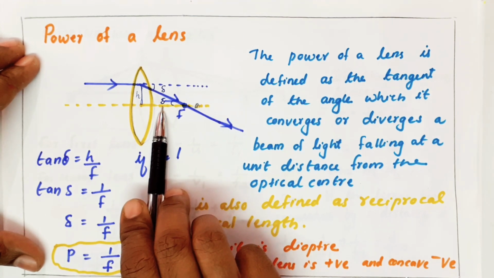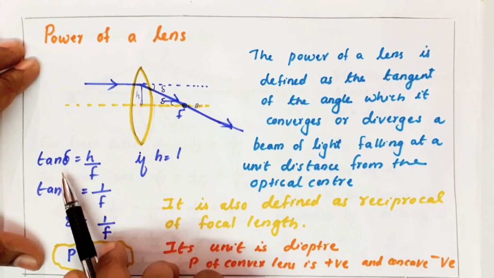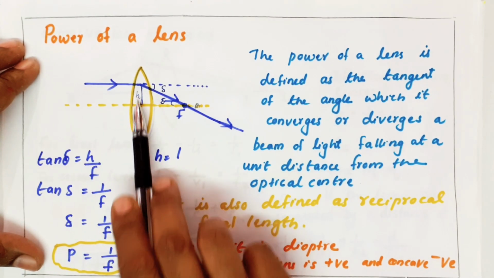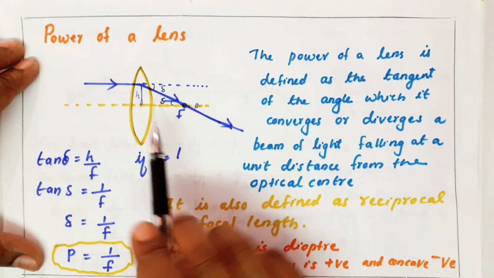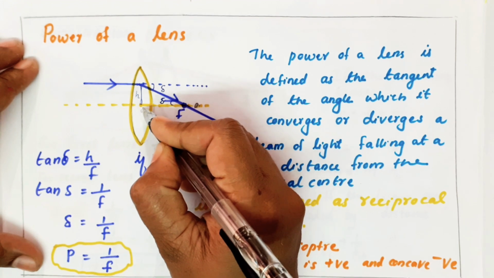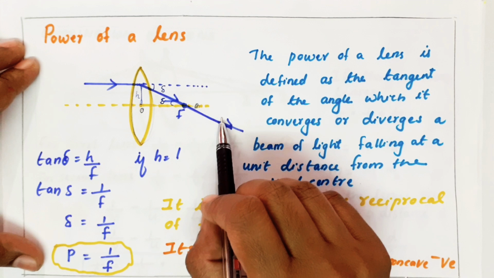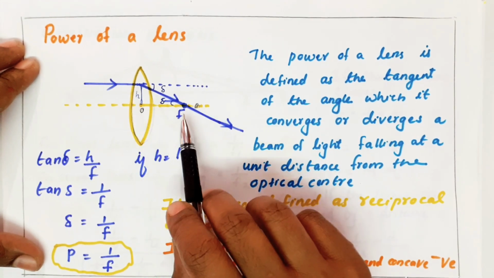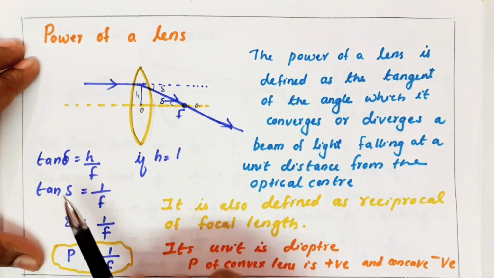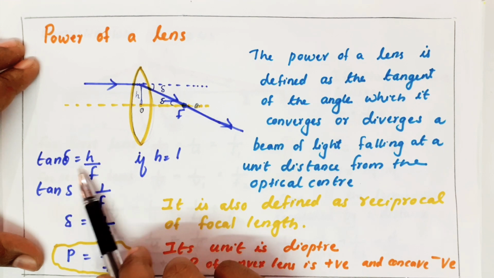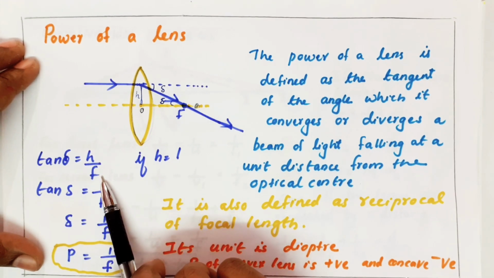If you find tan delta, I can write it as opposite side by adjacent side. Adjacent side means the distance from optic center to F. Optic center to F is called focal length. So we can write tan delta is equal to h by f.